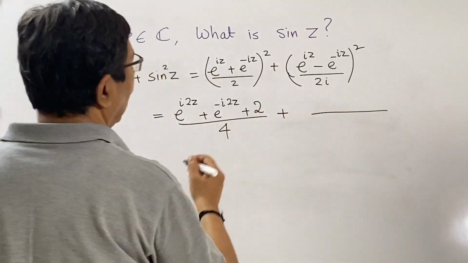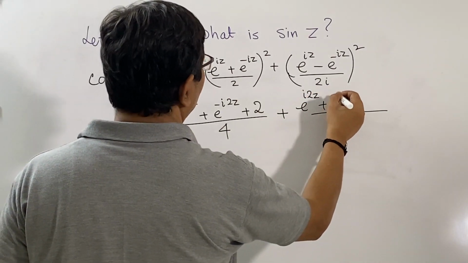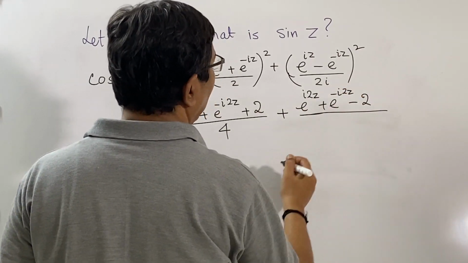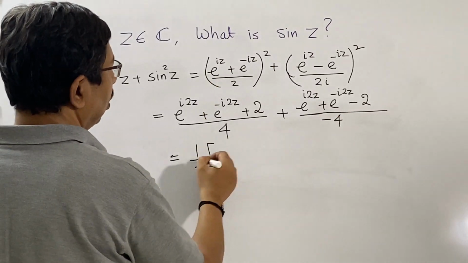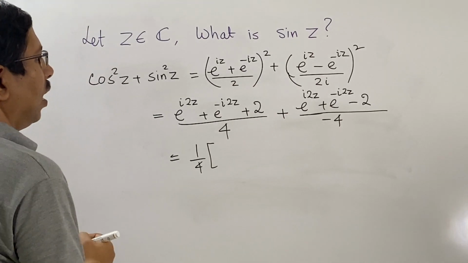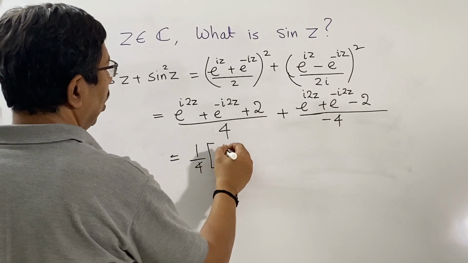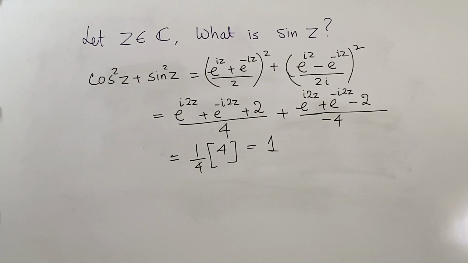And for the other also we get e to the power i2z plus e to the power minus i2z minus 2, and 2i whole square is 4i square, so 1 by 4 is common, and because of the minus sign in the denominator, the first two terms cancel and we are only left with 4, so therefore we get 1. So cos square z plus sin square z continue to be equal to 1 even when we extend the definitions to complex numbers.